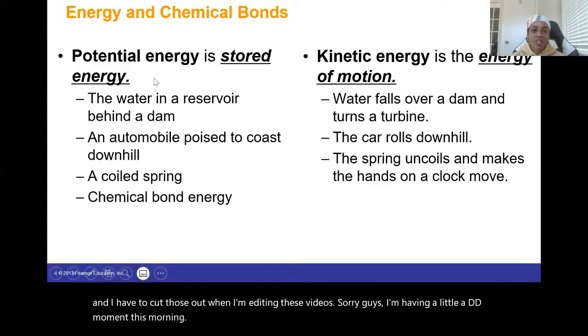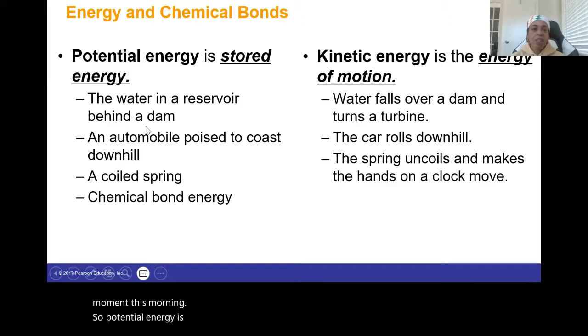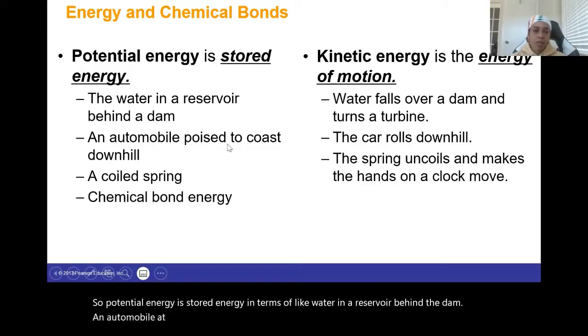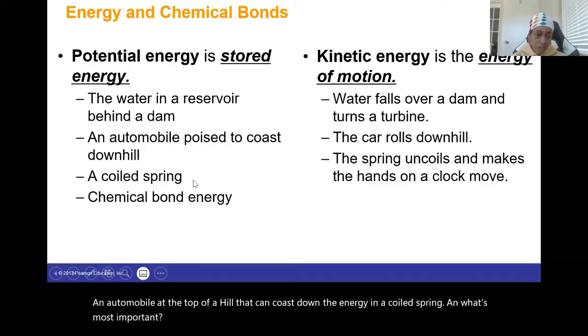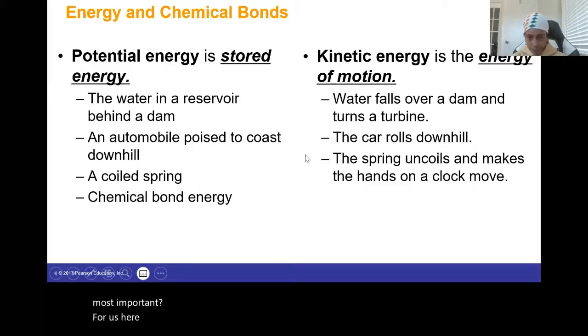So potential energy is stored energy in terms of water in a reservoir behind a dam, an automobile at the top of a hill that can coast down, the energy in a coiled spring, and what's most important for us here is chemical bond energy.